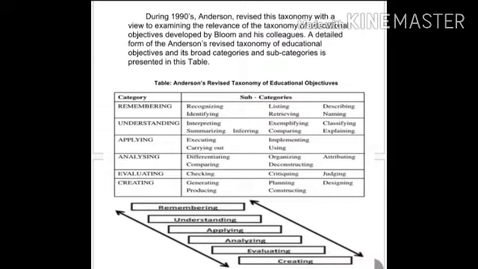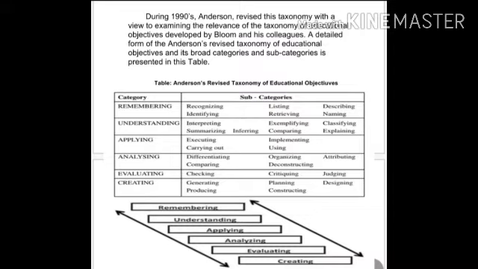A detailed form of Anderson's revised taxonomy of educational objectives and its broad categories and subcategories is presented in this table. In order to achieve these objectives, being a teacher, you have to ensure that students participate in various activities associated with various subject areas.